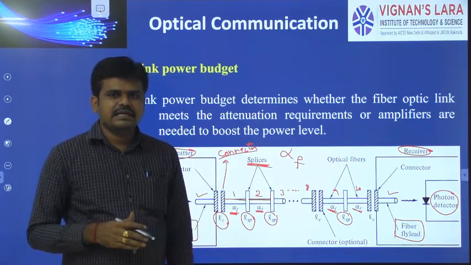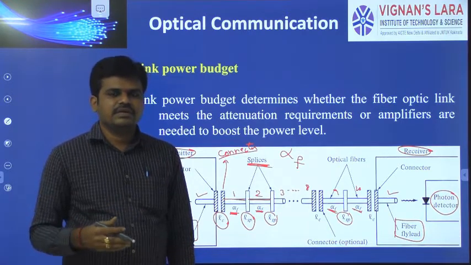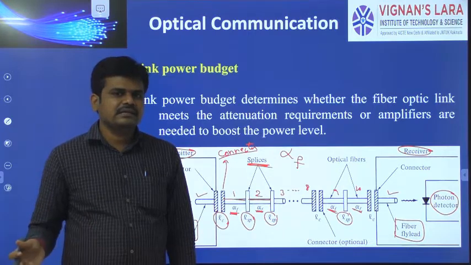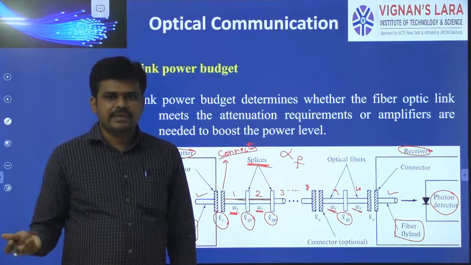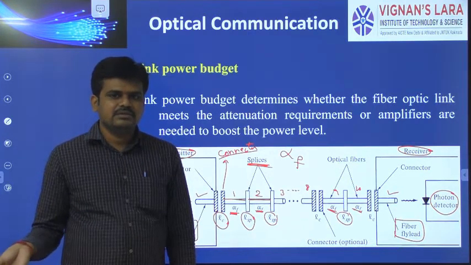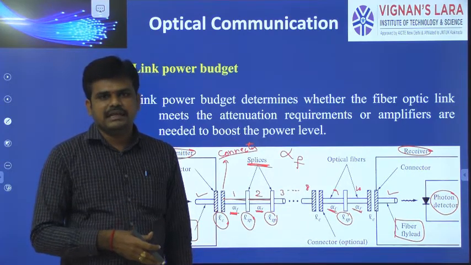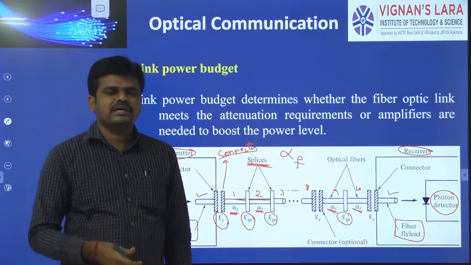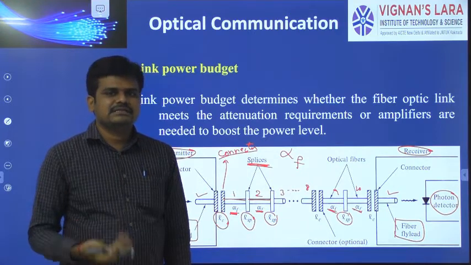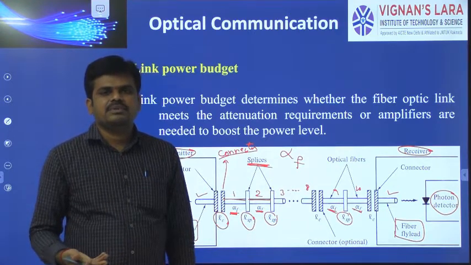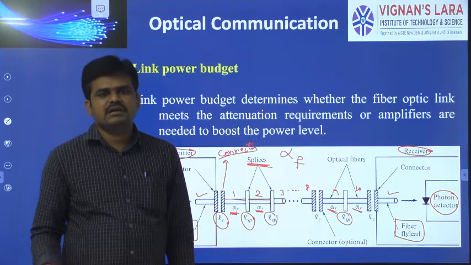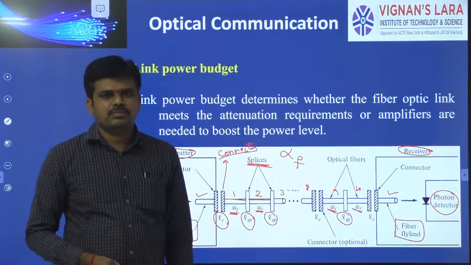If the photodetector is not generating the electron-hole based varying current in proportion to the applied input light or optical power, then we can say there is an optical loss, a power loss at the detector point.